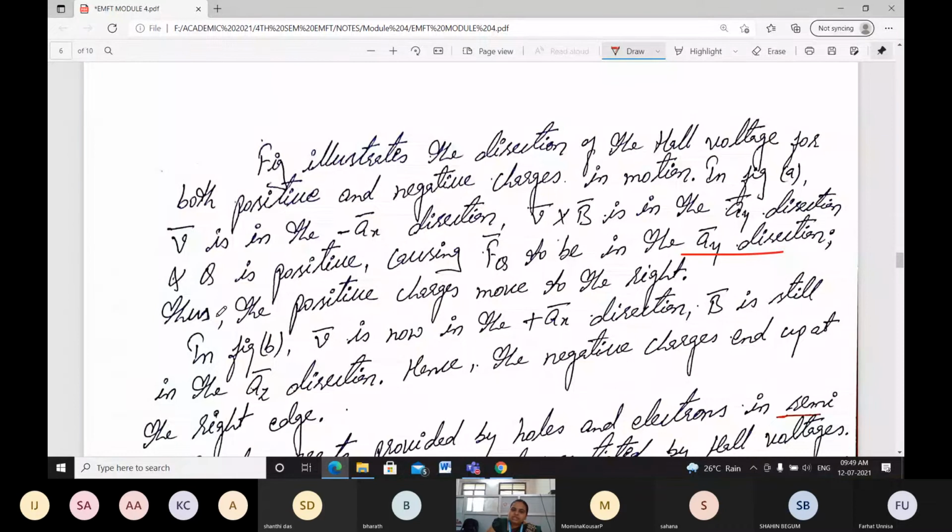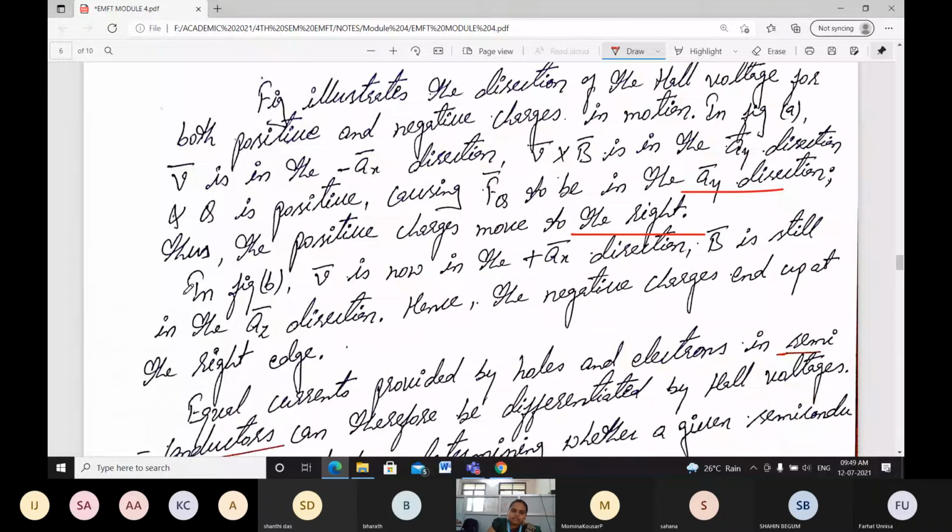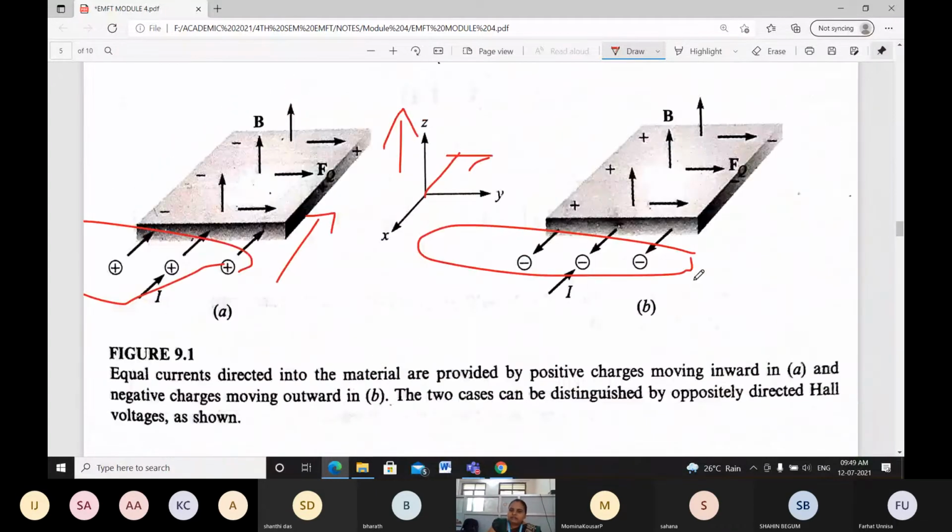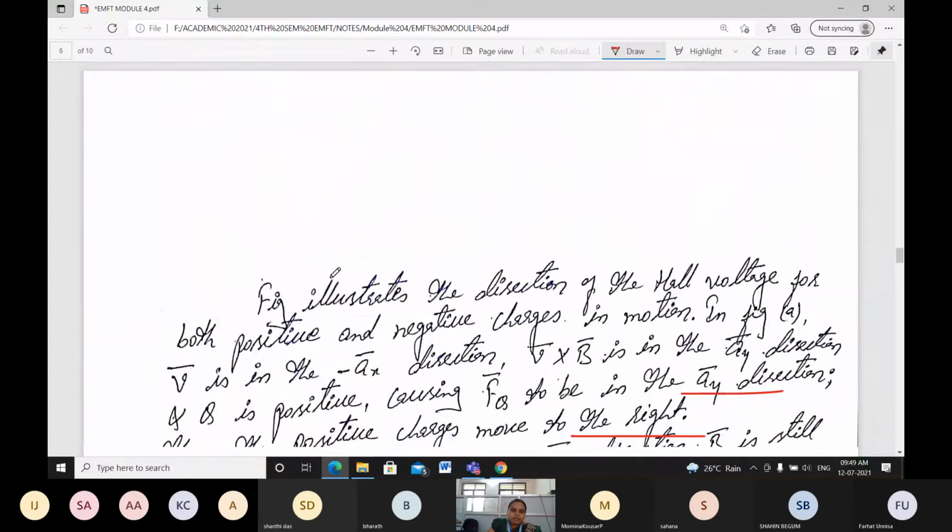Then the positive charges move to the right. In the same way for the negative charges, in figure B the voltage is now in the plus aX direction and B is still in the aZ direction only, and hence the negative charges end up at the right edge. This is how the Hall effect happens here.